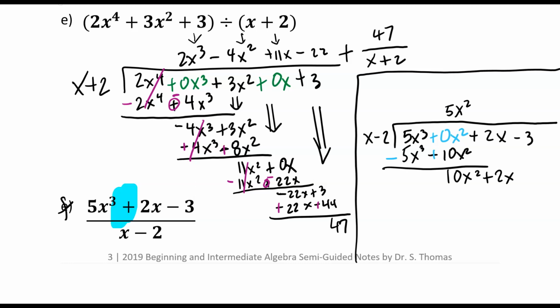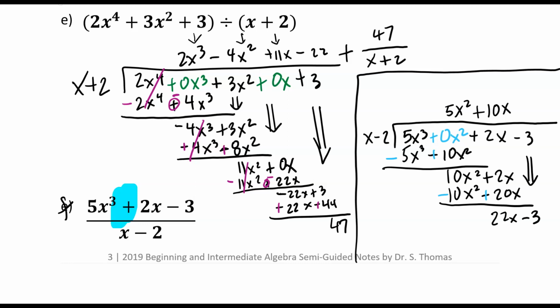X times what is 10x squared? It is 10x. 10x times x minus 2 is 10x squared minus 20x. And then we change the signs. Minus plus. We have 22x. And we bring down the next term, minus 3.